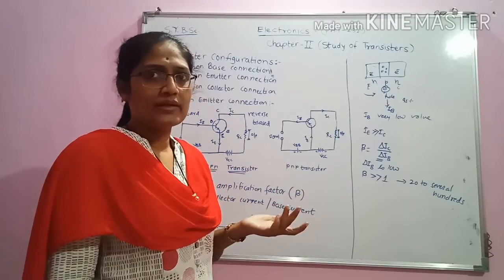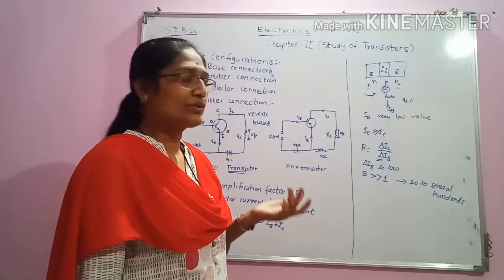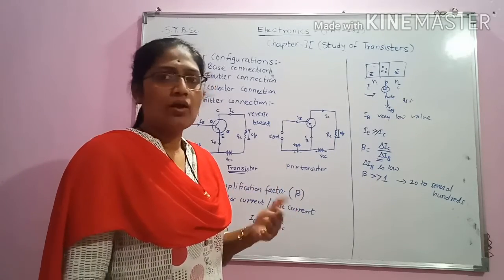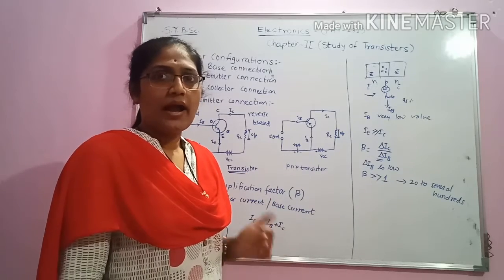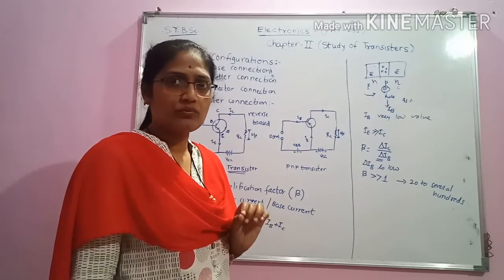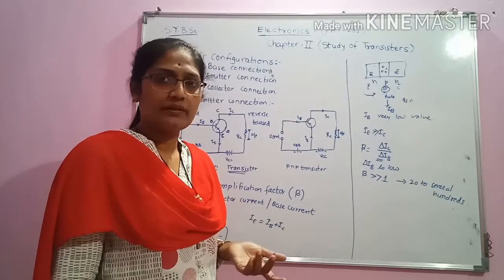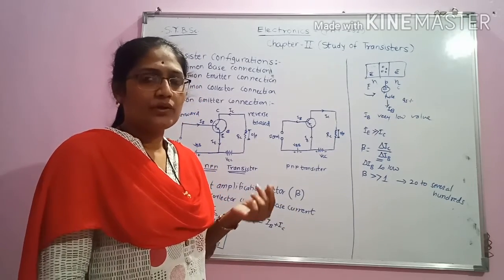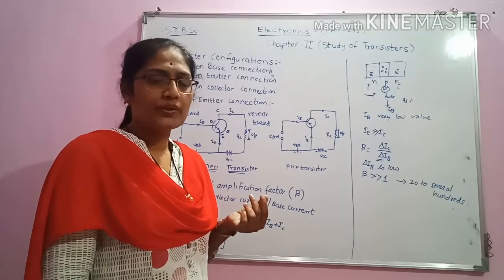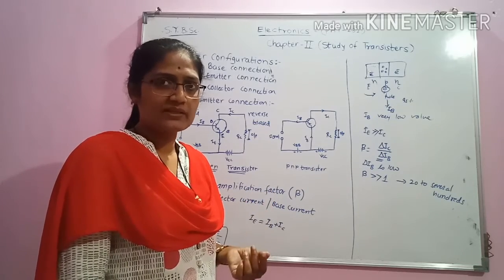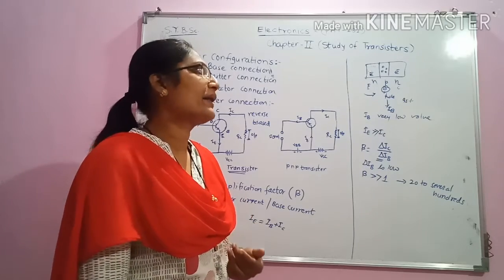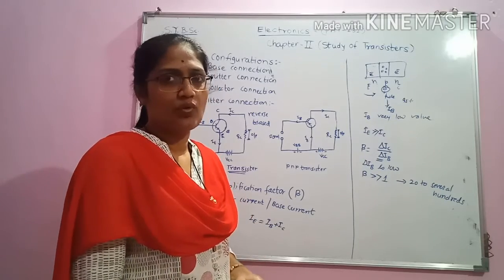When we forward bias the emitter base junction, electrons try to migrate from emitter to base. At the base, there are holes. These holes recombine with the electrons, at most 5% recombination takes place, and 95% of the electrons migrate towards the collector and form the collector current.